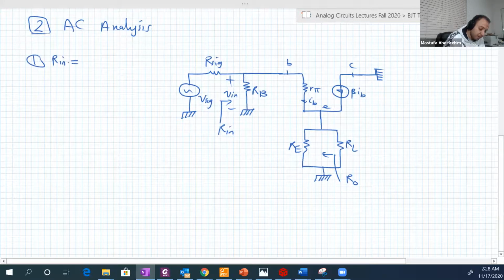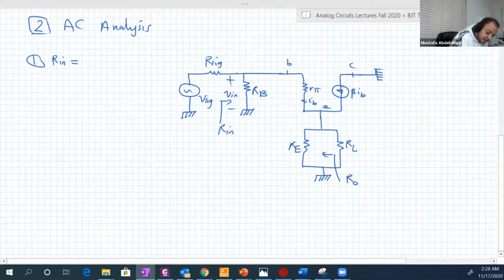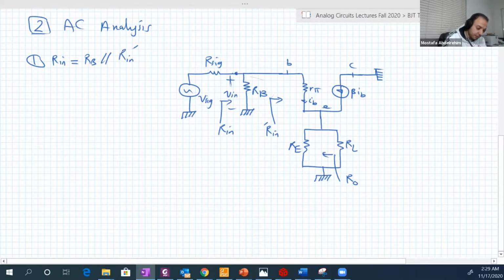R input is the resistance seen between these two terminals, this and the ground. So it will be RB parallel the resistance seen here. Let's call this R input dash.